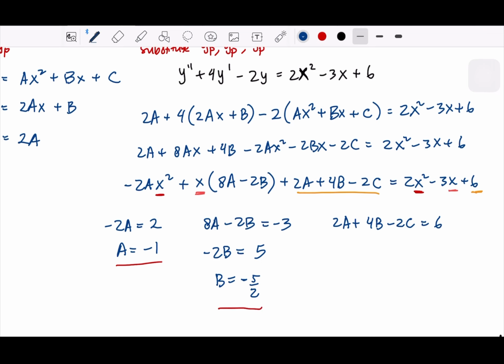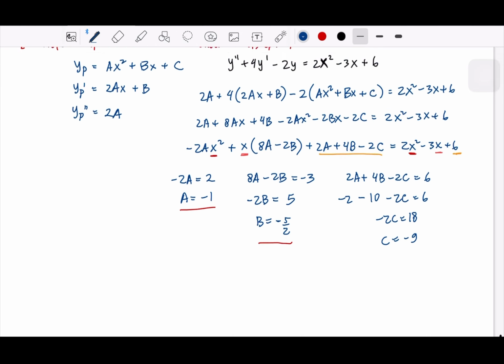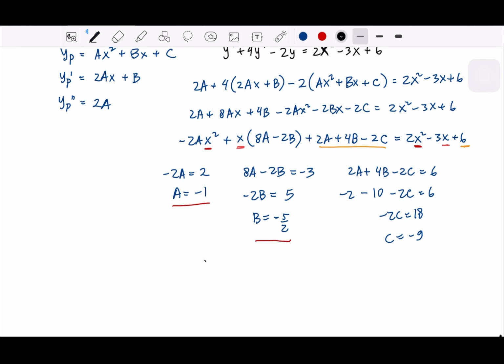So this will be negative 2. This will be negative 10, right? Negative 2c, 6, so negative 12, going to the right side, 18. So c is negative 9. So we can have our proposed yp as negative x squared, negative 5 over 2 x, and then negative 9.